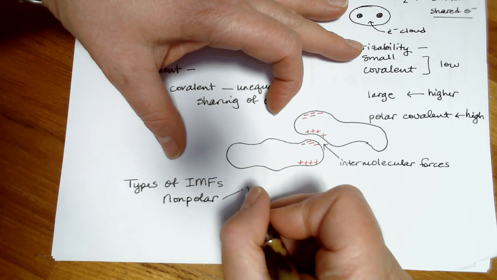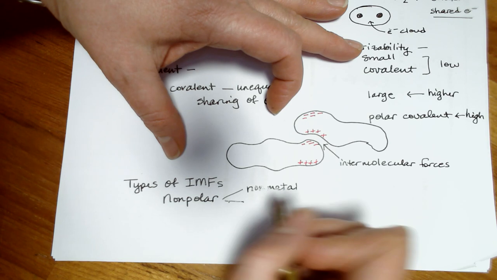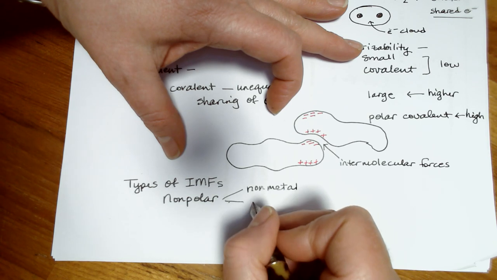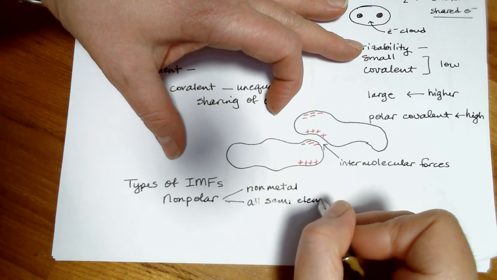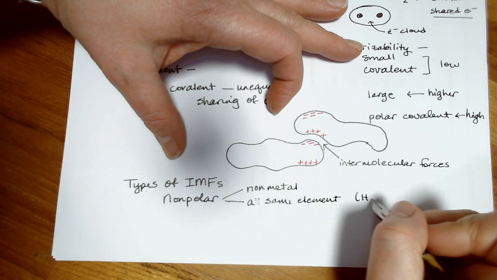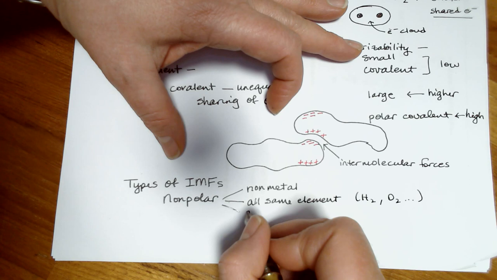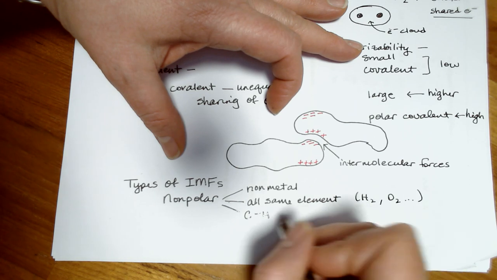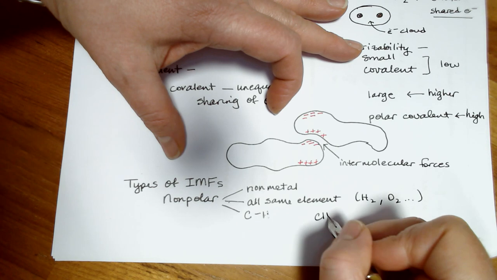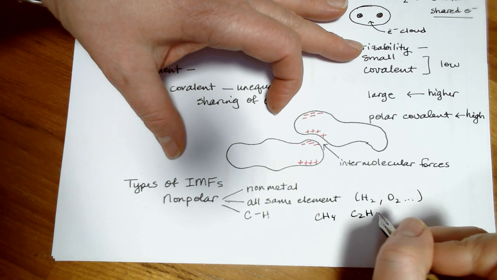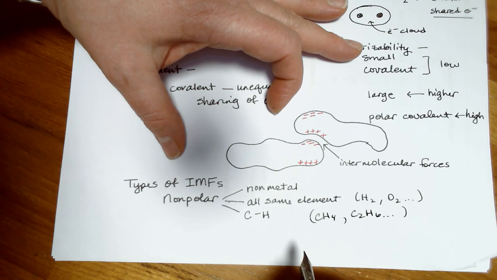It's going to be nonmetal elements, and it's going to be either all the same element, like H2 or O2, stuff like that, or it's going to be only carbon and hydrogen bonds and nothing else. So if you have like CH4 or C2H6, any kind of hydrocarbon, these are all going to be considered nonpolar.